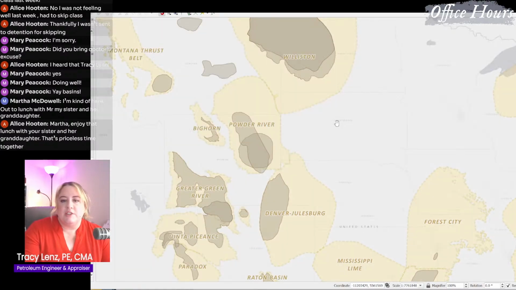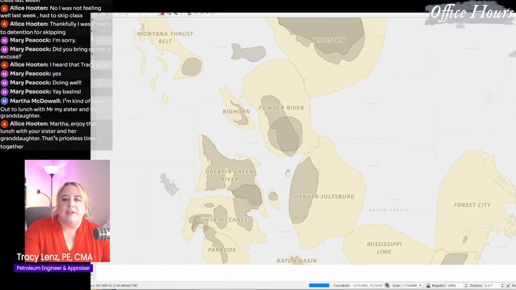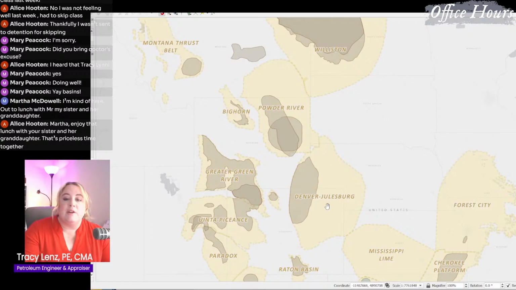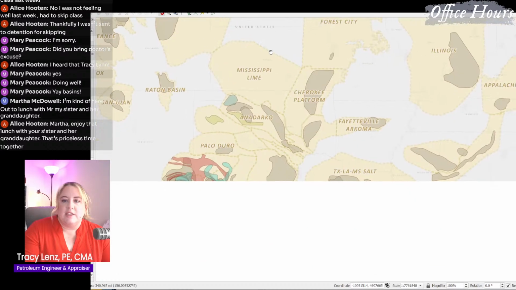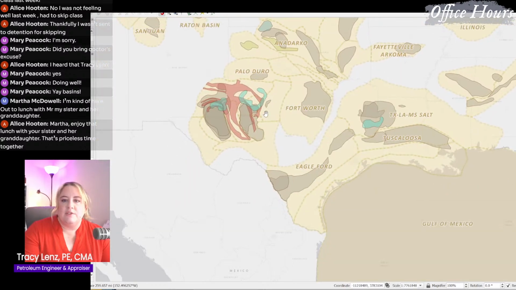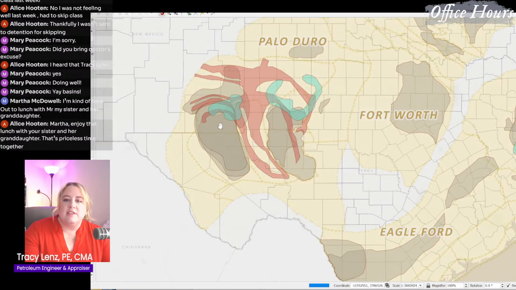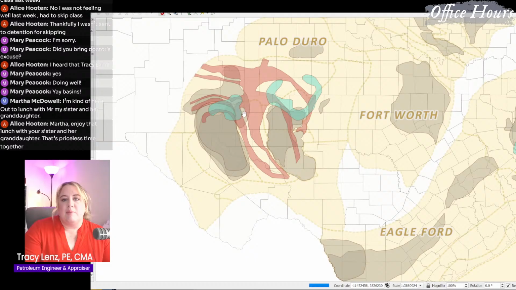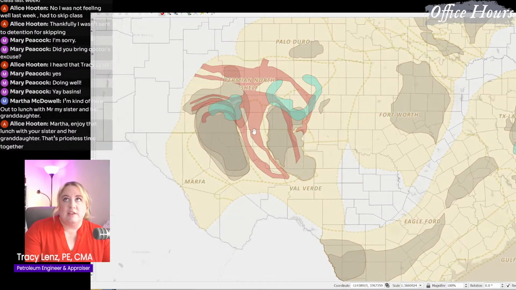The names that we call them are displayed in this brown text over top. Last time we really hit on the Eagle Ford. We have the Permian Basin over here, so that's all this stuff here. There's more character on our map in the Permian, but this is just a very basic amount of detail.